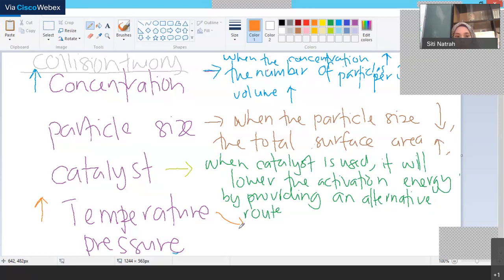So when the temperature is increased, the number of what? The kinetic energy is increased. Okay. So macam setiap kita punya factors ni yang involve ni, concentration, particle, dia ada keyword dia yang kamu kena tahu.